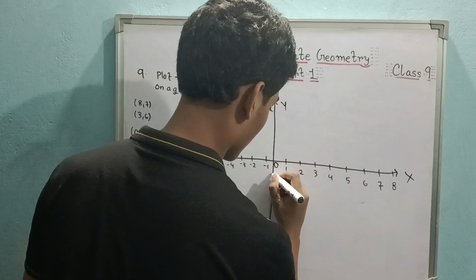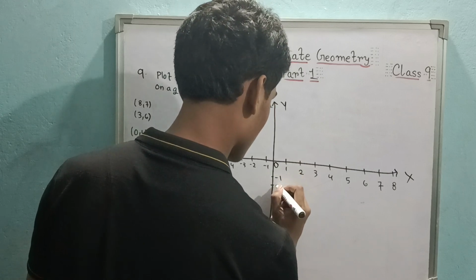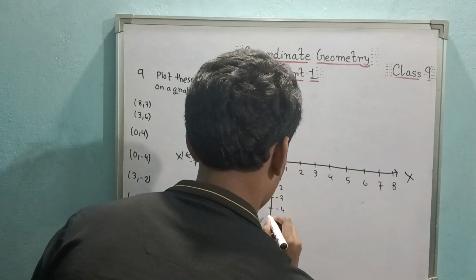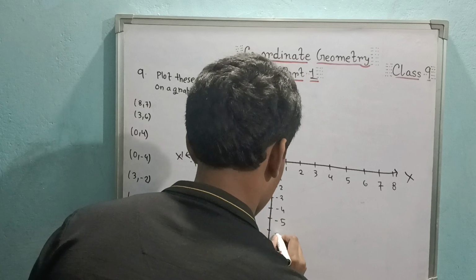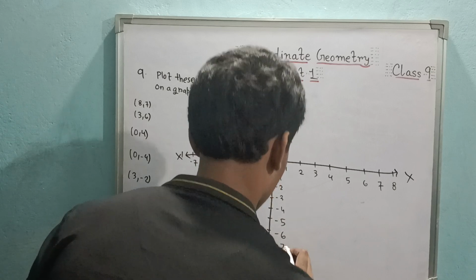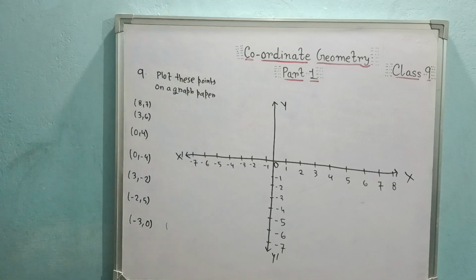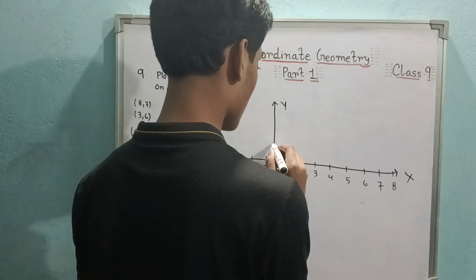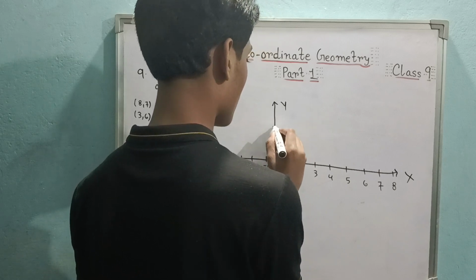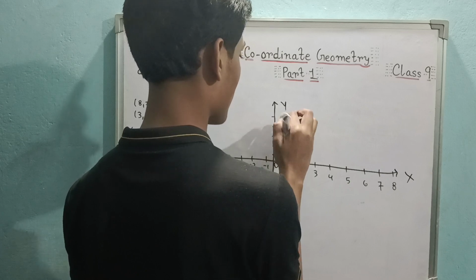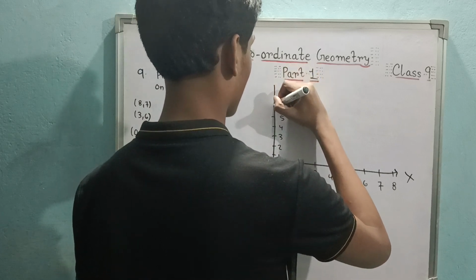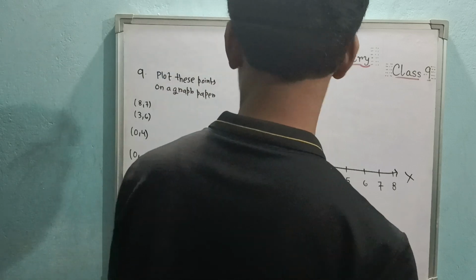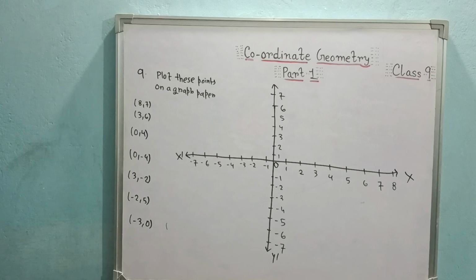Now on the downside, minus 1, minus 2, minus 3, minus 4, minus 5, minus 6, minus 7. Now on the upper side, here's positive 1, 2, 3, 4, 5. Let me extend it a bit. 6, 7. So let this be the graph paper.